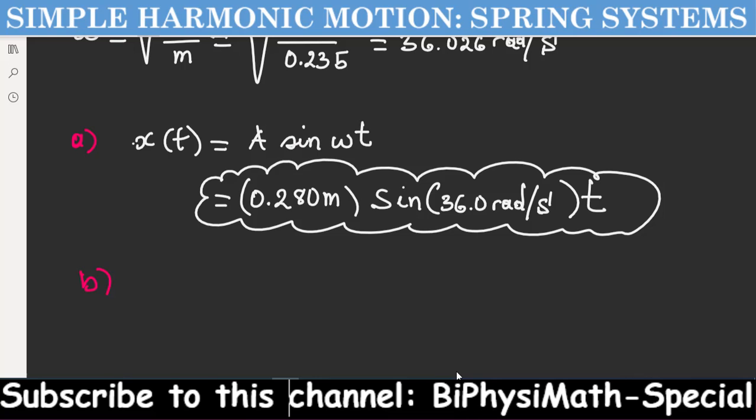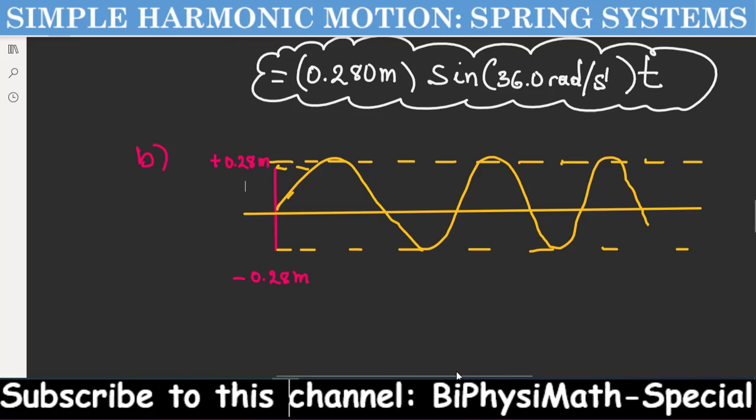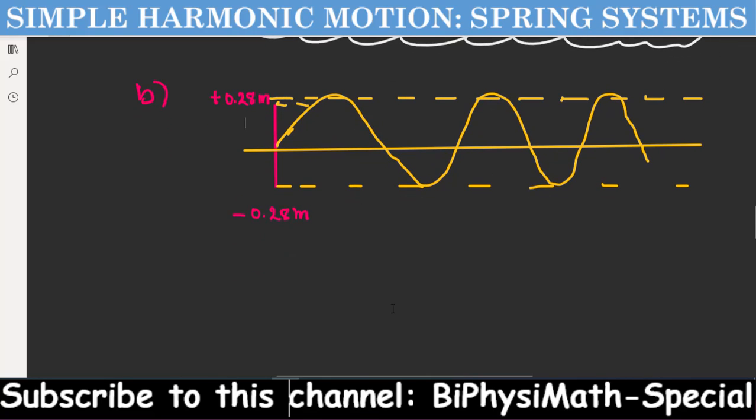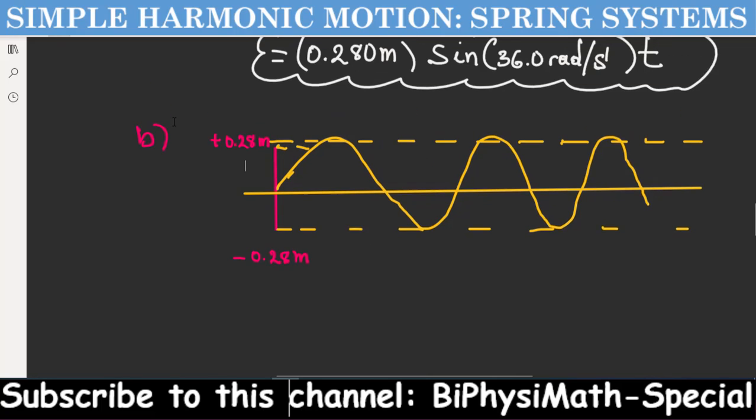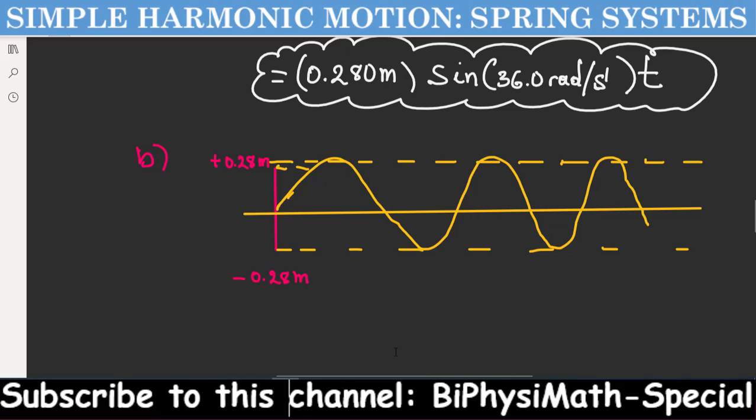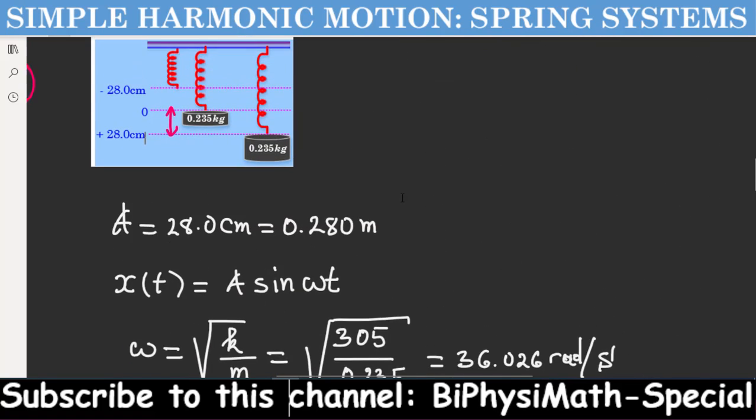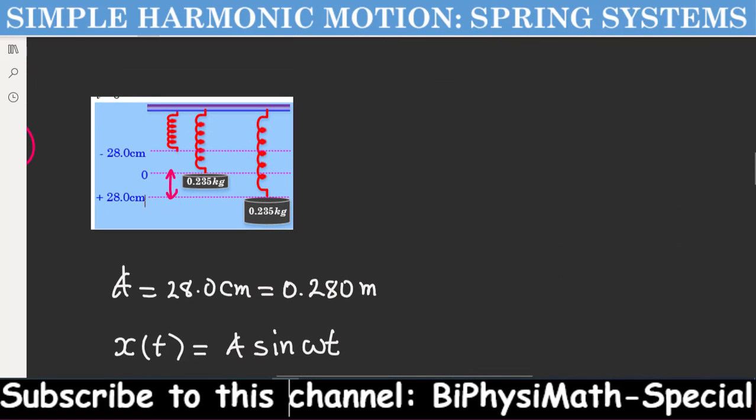We have first of all to draw. This is the required drawing to solve part B of our problem. Now let's show by analogy here.